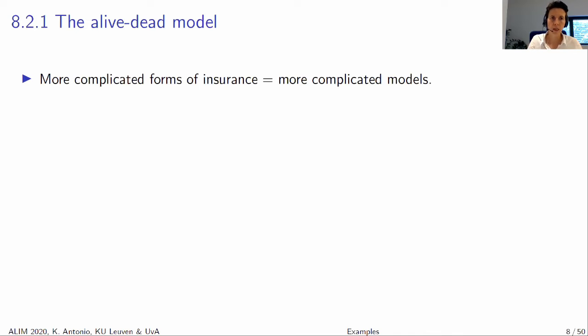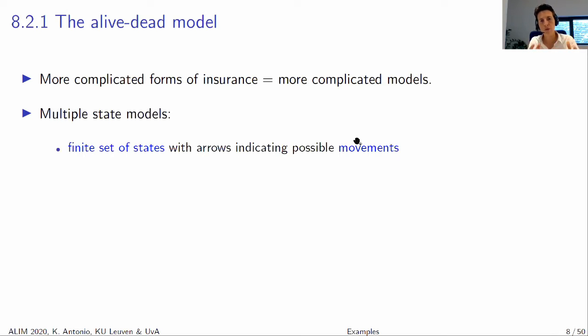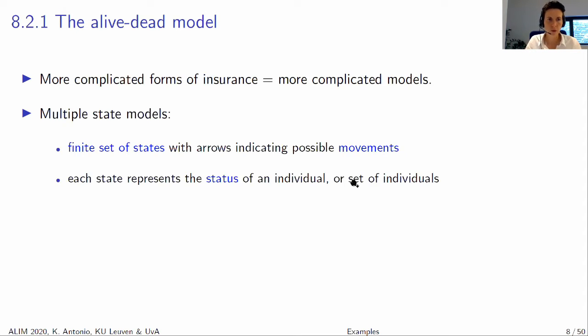But what if you would look at a health insurance product or a disability insurance product, or a product where the death benefit is different depending on the cause of death, etc.? As soon as you get more complex products, you will also need to rethink your multi-state model. So in general, a multi-state model is defined by a finite set of states where the arrows indicate possible movements of our individual, our policyholder, from one state to another.